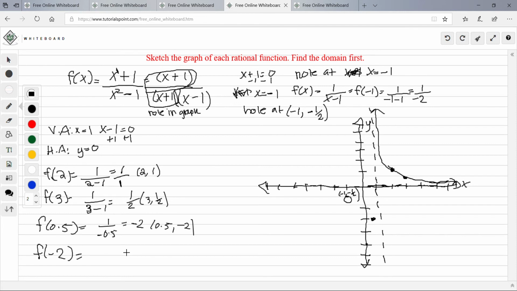If you put negative 2 in the function, you get 1 divided by negative 3, which is about negative 0.33. So that point is negative 2, comma, negative 0.33. So here's negative 2, and then negative 0.33 is about right here. So I was right. It will look something like this.